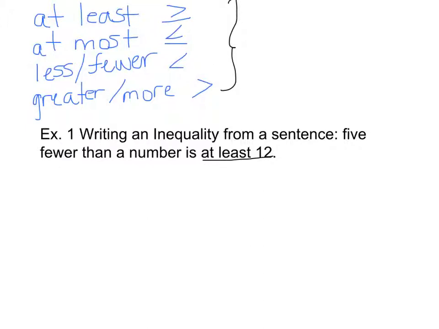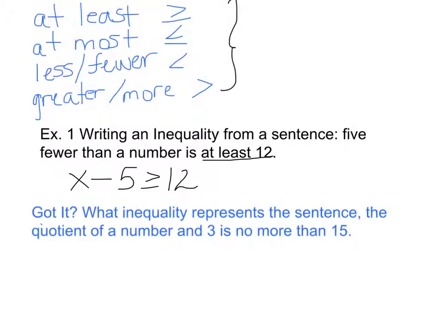And when it says 5 fewer than a number, we don't know what the number is, so that's x. Fewer than, I know you would think you would put the less than, but we need an operation. So the only operation that can go there is the subtraction. And it's at least 12. So that's how you write it.